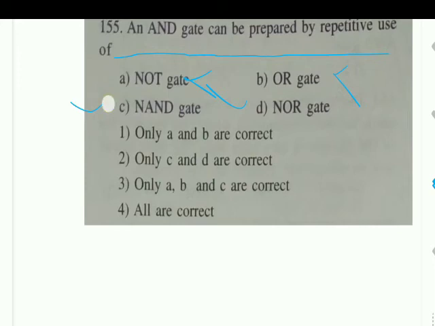Only C and D: yes, C and D are universal gates. Option 2 is the right answer. Only A, B and C are correct answers: B is not a universal gate. All are correct: this is also wrong. So our answer is the second option.